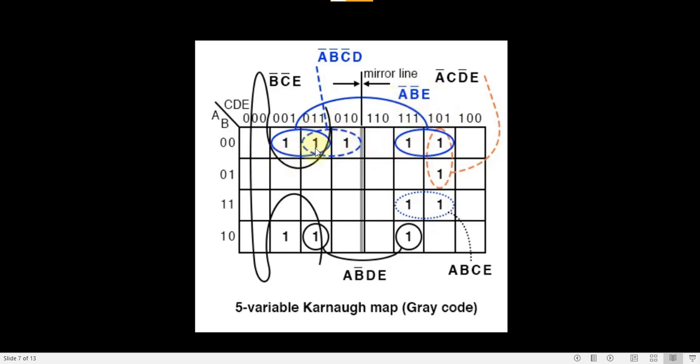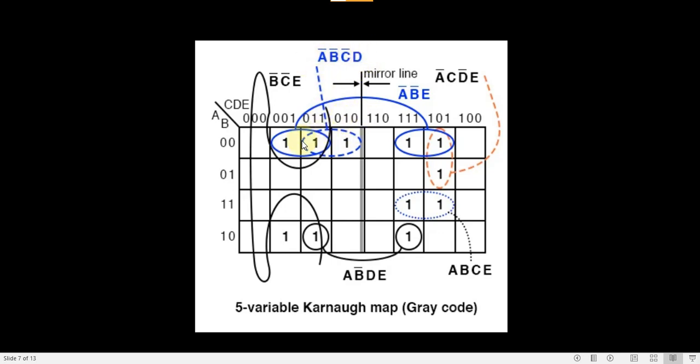Now this single 1 can't be grouped into a 4, so it is grouped into a 2. That is why a 4-bit expression has come. A single one will have 5 variables in that expression, and 2 will give you 4. Grouping 2 elements means only one adjacent element which is changing is removed. In this case, E is changing from 0 to 1, so that has been removed.